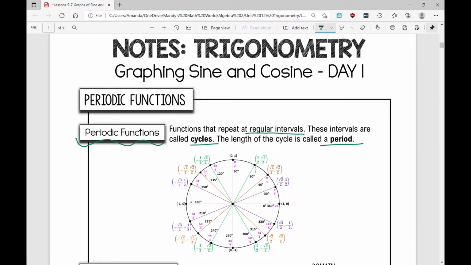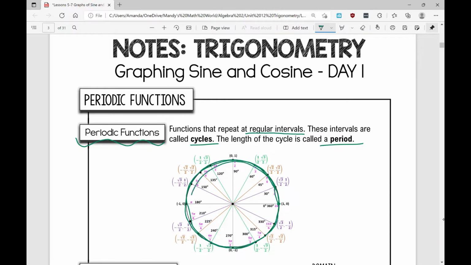So periodic functions. I've got the unit circle here, and I want you to imagine I have a point on the circle right here. I'm going to start at this point, and I'm going to go all the way around the circle, and then keep going all the way around the circle.